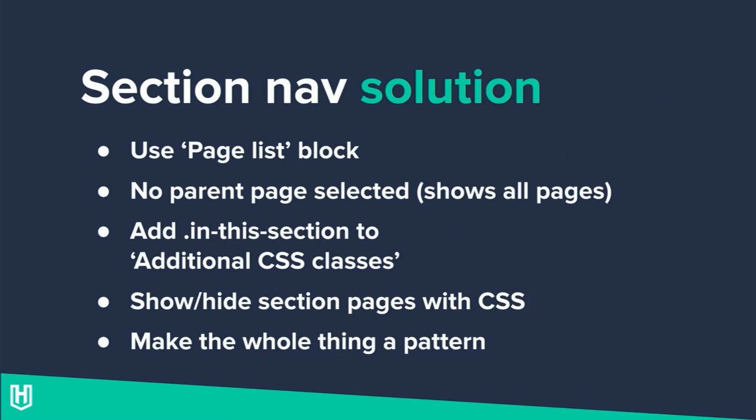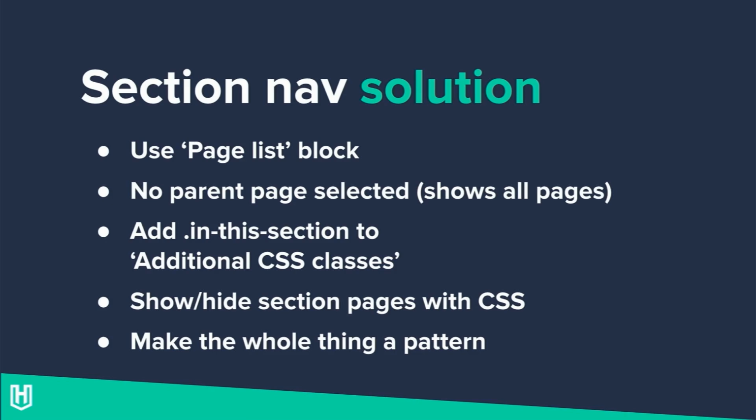We used the page list block, and we used that with no parent page selected. So it outputs the whole page tree structure of the website on every page, everywhere it's used. We then added a class using the additional CSS classes.